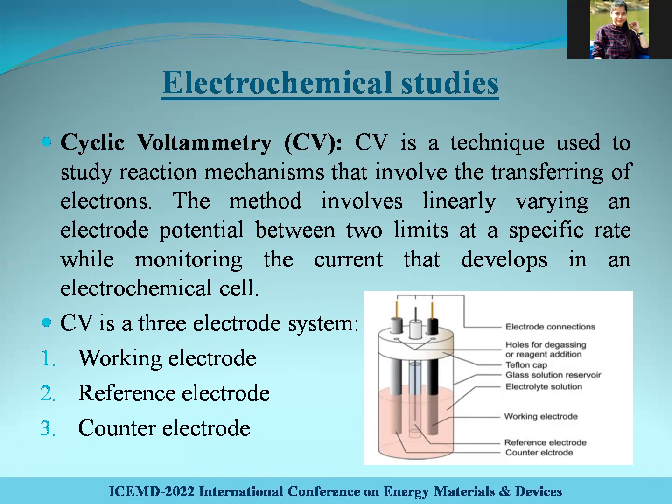Next is the reference electrode. A reference electrode is an electrode whose electrode potential is stable, and it is used as a reference against which the potential of other working electrodes can be measured. Some examples of reference electrodes are the AgCl electrode, the AgNO3 electrode, and many more.